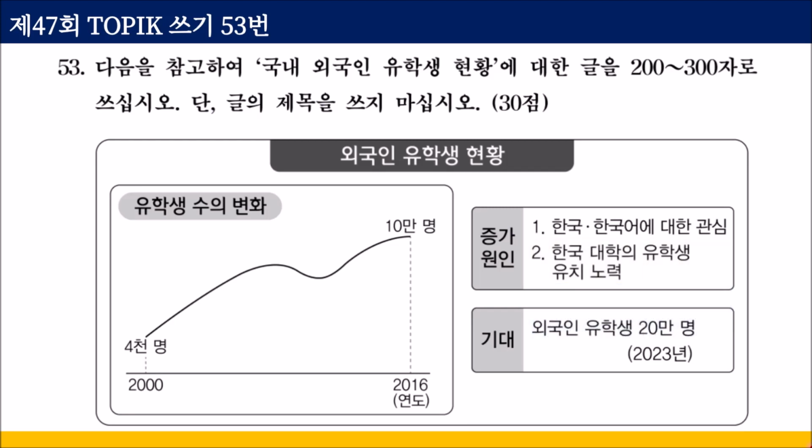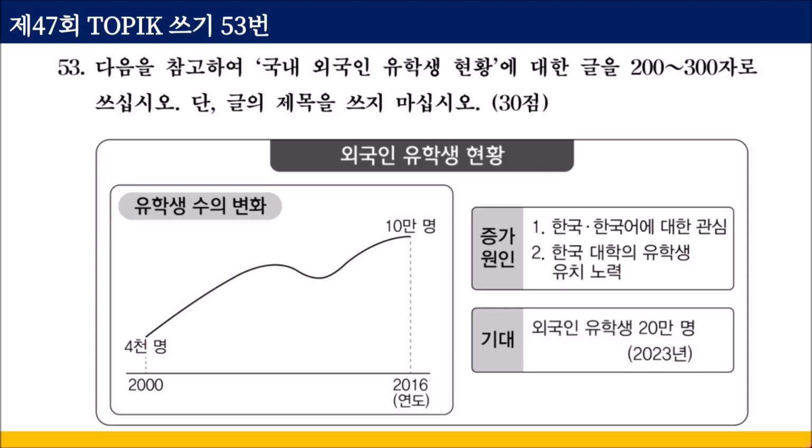And then we also have another portion here which will be giving you the future expectation. What do we expect if this current situation continues? 외국인 유학생 20만 명, 200,000 international students, 2023년, by the year 2023.